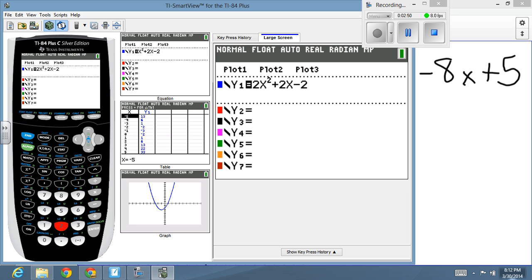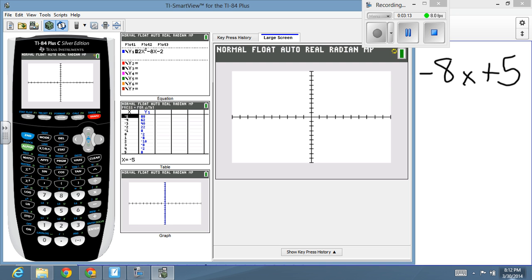So we get 2x squared minus 8x plus 5. Whoops, my plus didn't register there. Plus 5. Take a quick look at the graph, see kind of what's going on.